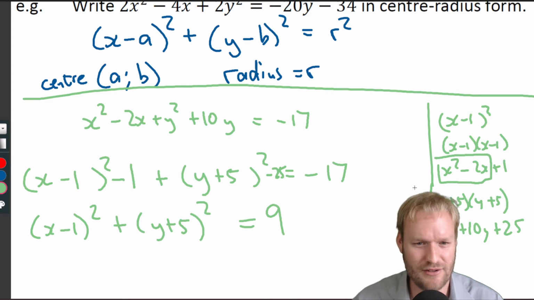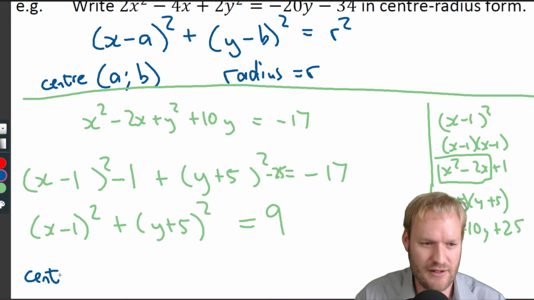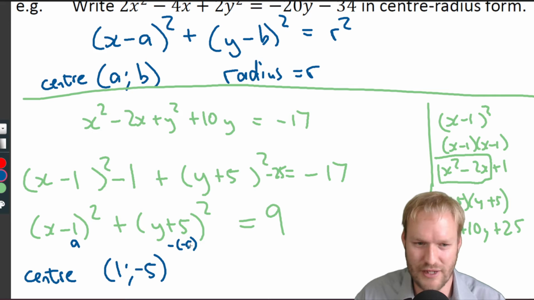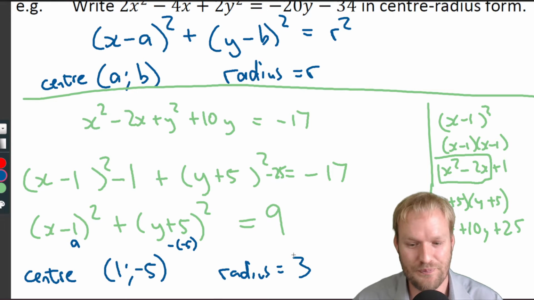Now that it's in center radius form, we can read off that the center is at (1, minus 5), because this is like our a value, and this is like subtracting negative 5, which is our b value. And our radius squared is 9, so our radius is 3.